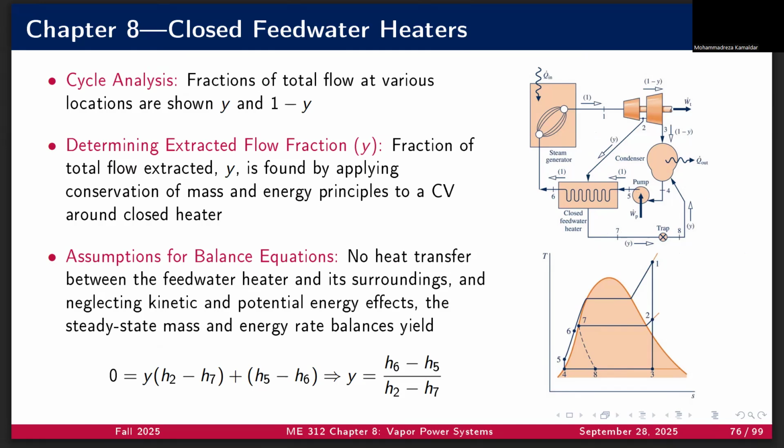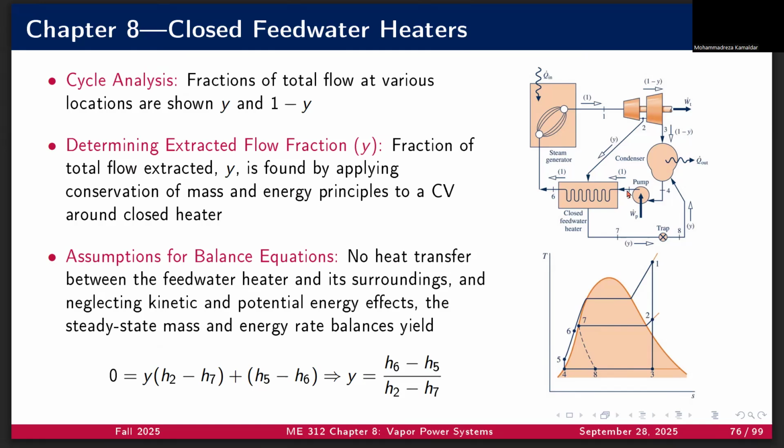So if we do a simple input-output balance, the mass flow rate 1 multiplied by H5 is entering, then Y multiplied by H2 is also entering.